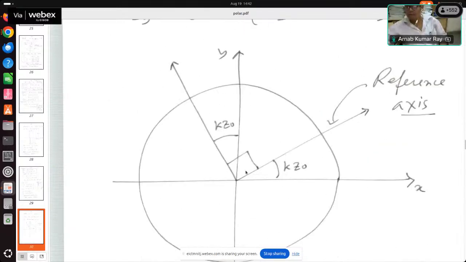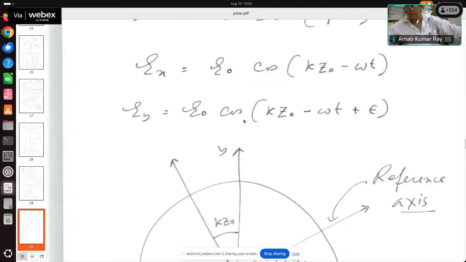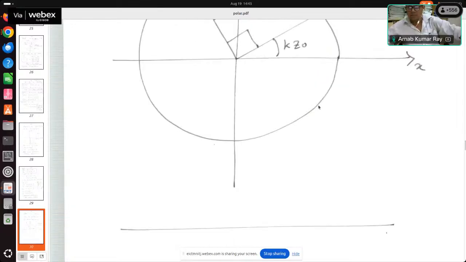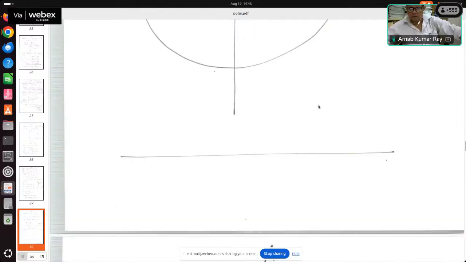This will become the reference axis for Ex, and this will become the reference axis for Ey. These two axes will make an angle of k z naught with respect to the previous set of axes x and y. So that's how this transformation will happen, but the basic principle will be the same. You will move either this way or this way depending on the sign of the initial phase angle difference.